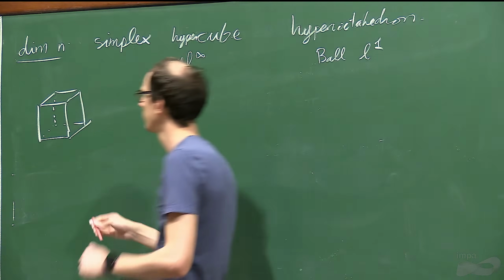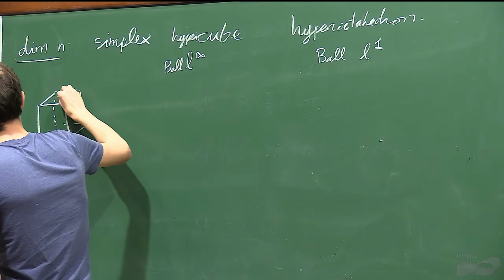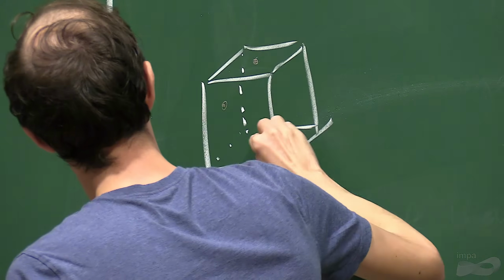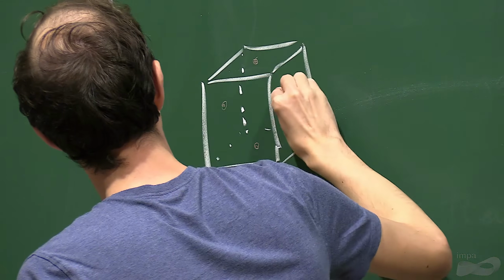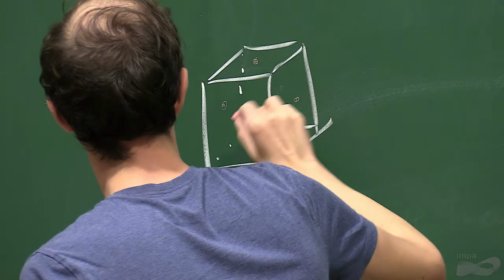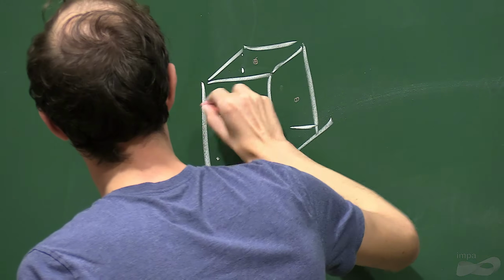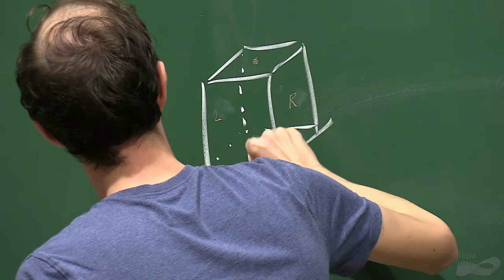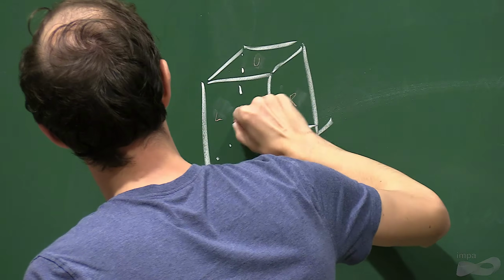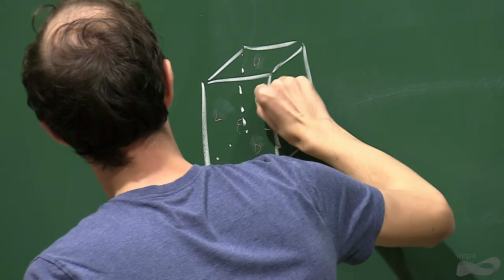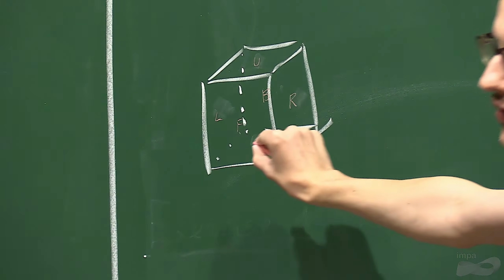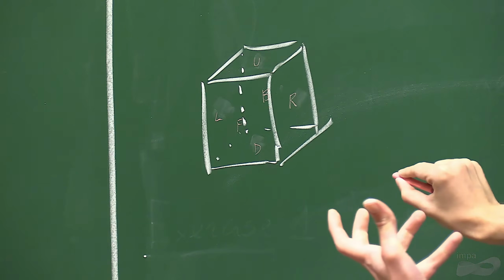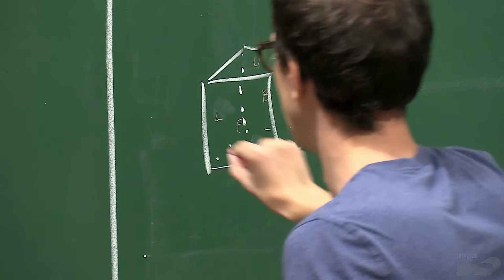So for every face of dimension k, I write something of codimension k. So this is left, right, down, up, front, and back. I draw 1 vertex for every face, and then every time 2 faces are adjacent, I draw an edge.